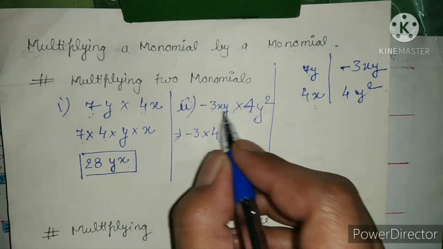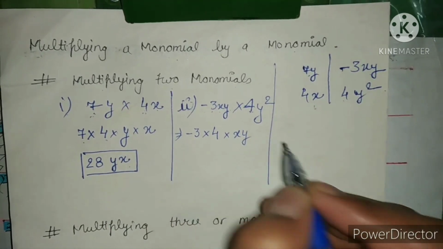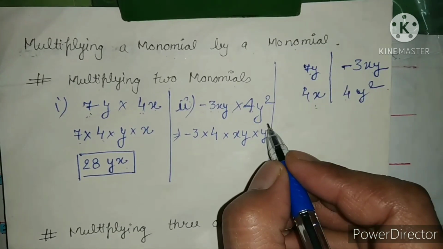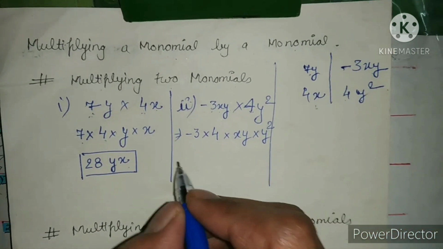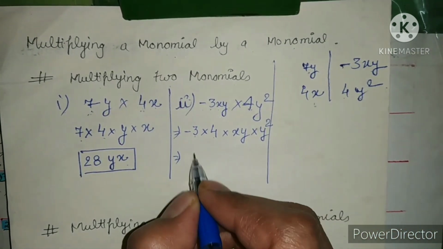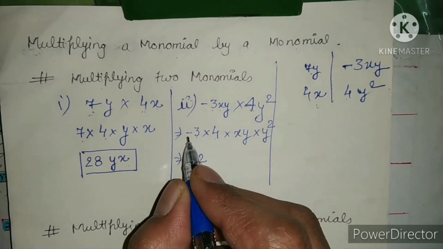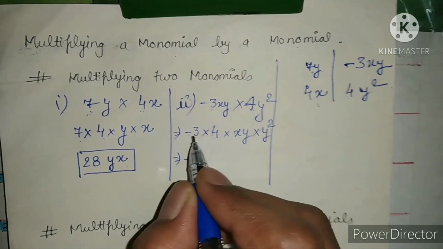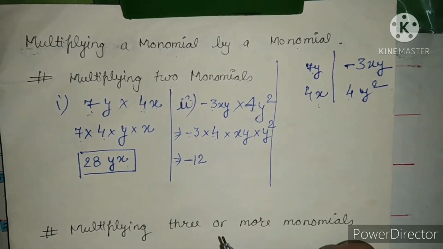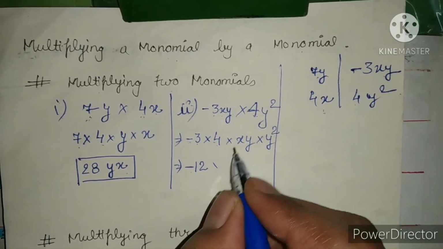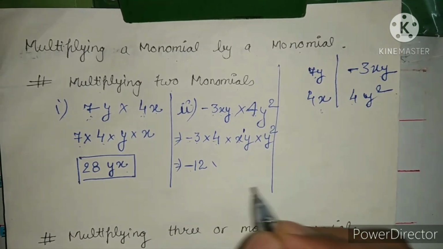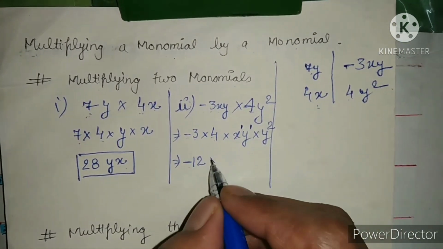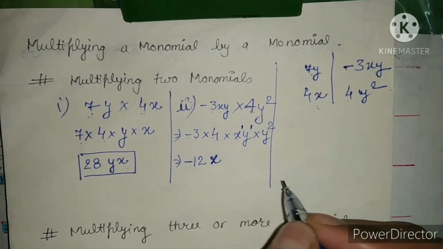In the first, the remaining variables are x and y, and in the second the variable is y square. 3 fours are 12, but with a minus symbol, because minus multiplied by plus is minus. x has power 1 and y has power 1, so x comes as it is.